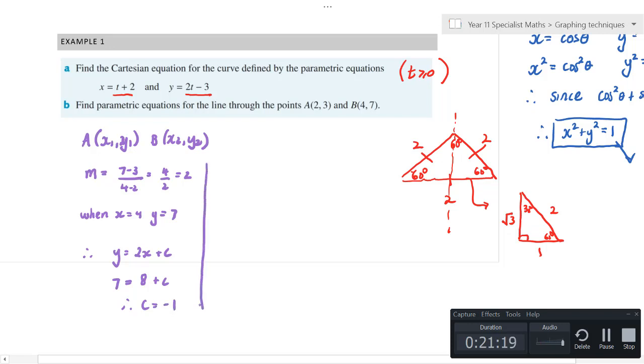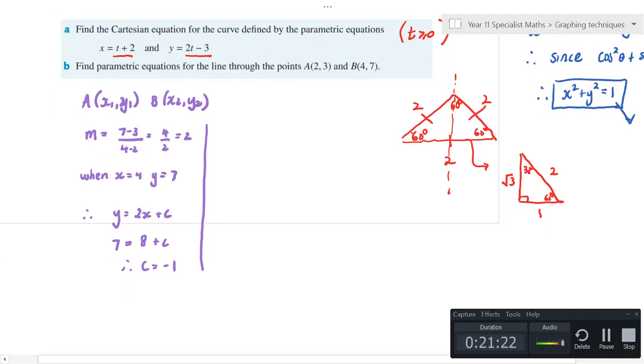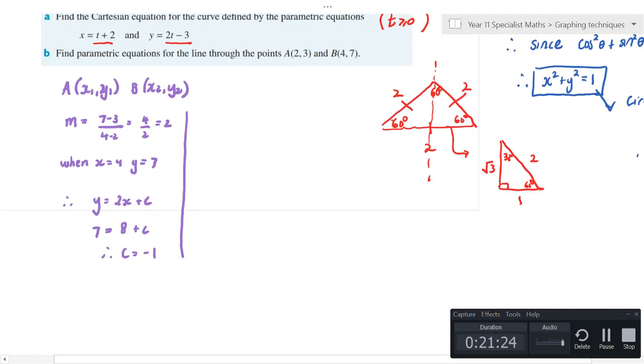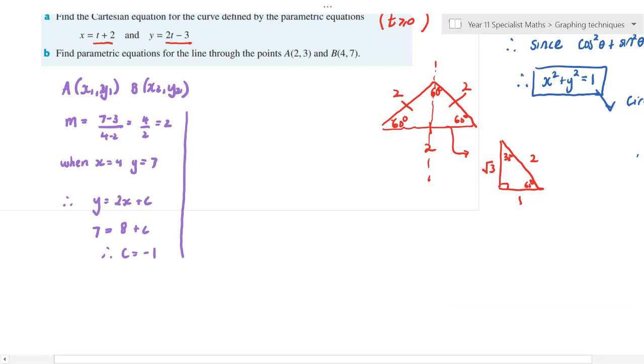Now, we haven't quite answered the question yet, have we? Because it says find the parametric equations, which can be a little bit confusing, because how do I get a parametric equation out of that? Well, what we can say is that y is equal to 2x minus 1, but let's let x equal t. Therefore, y is equal to 2t minus 1.